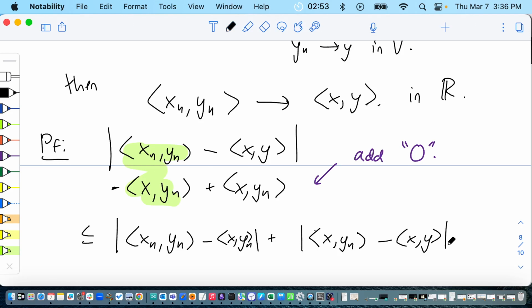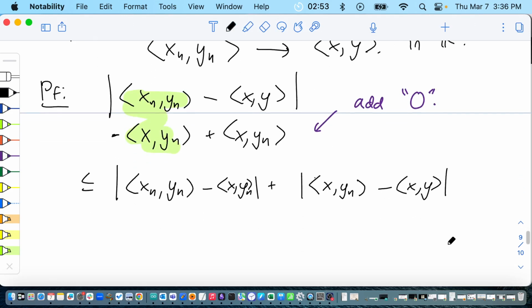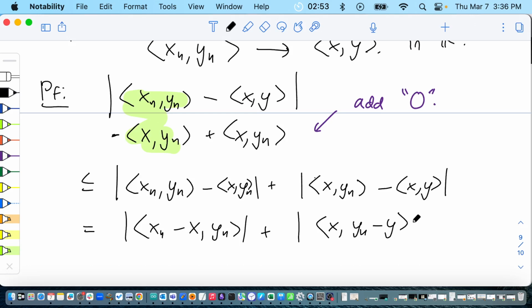Okay, very good. And now because only one thing is changing, and the inner product is bilinear, it's linear if you keep one thing the same, now we can factor things together. So you get xn minus x with yn, plus, on this side, x with yn minus y. Beautiful stuff. Okay.